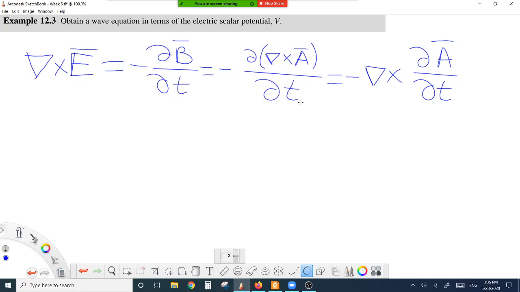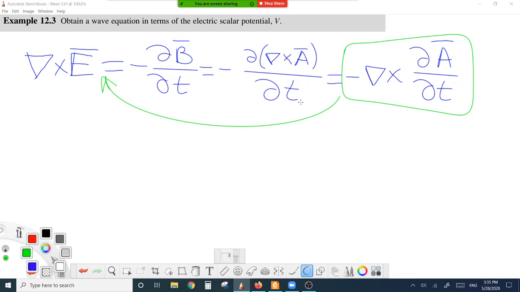Now we take this term and move it to the left hand side of our equation.